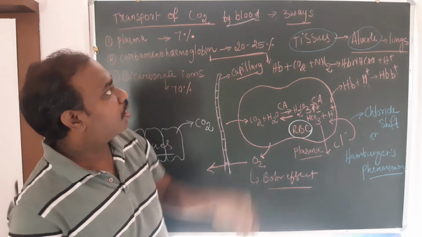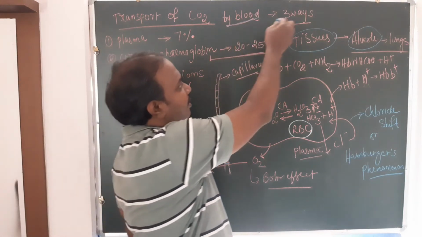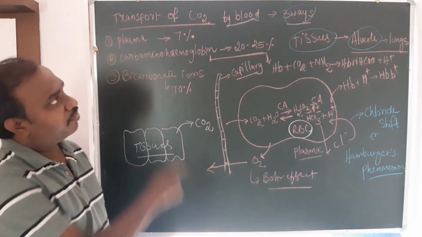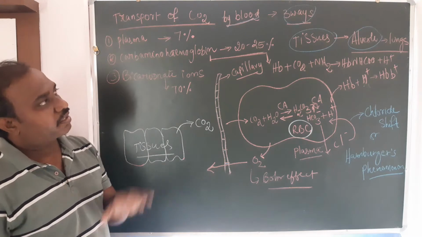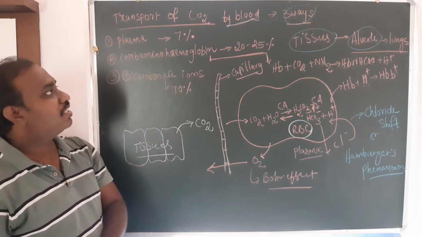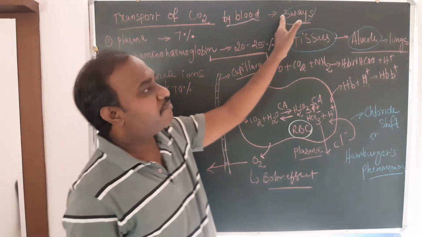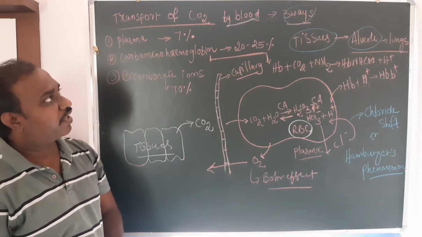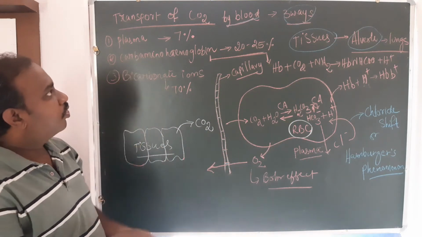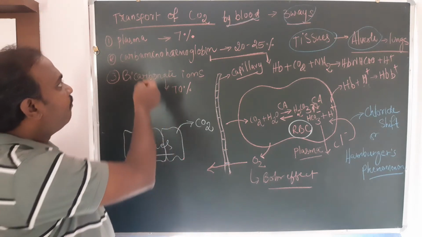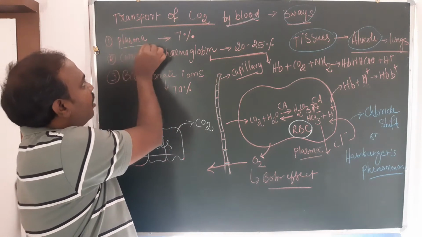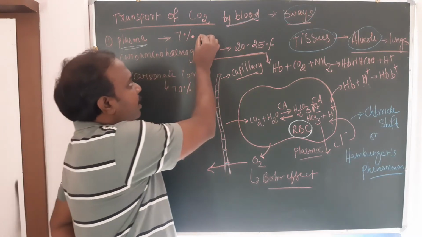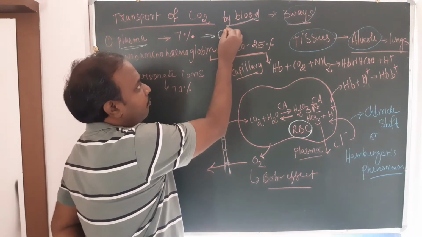Now this transportation in the blood occurs in three ways. So what are these three methods? First, some of the CO2 is dissolved in the plasma. 7% of it is dissolved in the plasma.